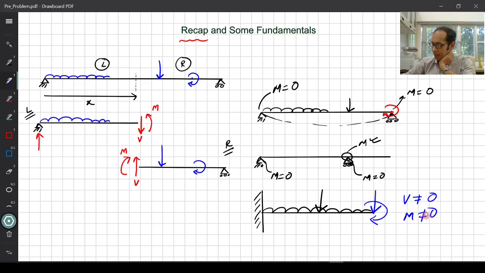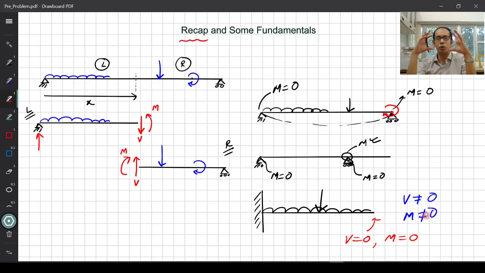But suppose at the end you have no moment and you have no applied force, because it's a completely free end and you're not applying any external forces over here, then you will have V equals 0, M equals 0 over here, right? So these are some of the things to always keep in mind while you are deriving the shear force diagrams and the bending moment diagrams for beams under the different kinds of loadings, right?